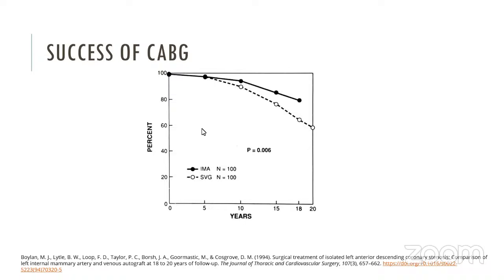This is showing the survival after 20 years. The survival of the patent grafts is nearly around 80%, and in those patients who had the non-patent graft, 60% lived after 20 years. So this clearly shows the effect of patency on the outcomes of your patients.